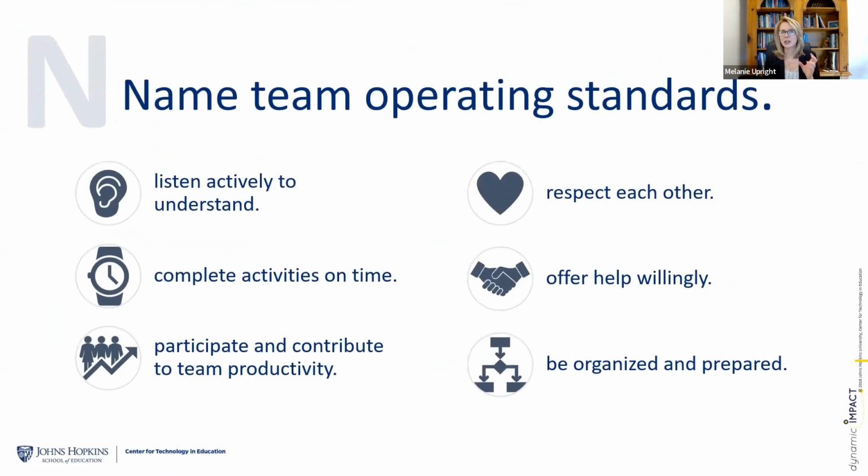Then they engage in naming team operating standards. We give them a starting point and we say, we know that teams that operate at high performance levels have these standards, like completing activities on time, offering help willingly, respecting each other, listening actively to understand. But you as a team of unique and individual members might recognize that there's an operating standard that you need to add.